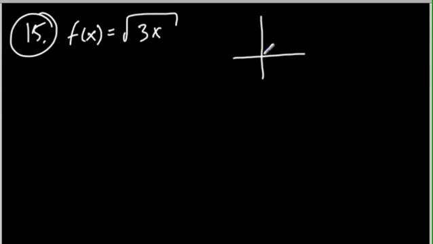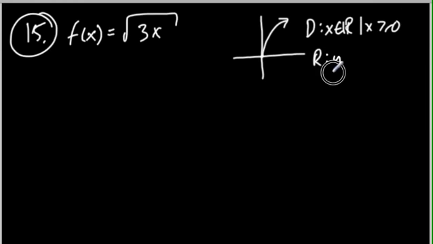It will still look like this, and that point is still (0, 0). It just means that all the inputs are compressed by 1/3. The domain of this is x is greater than 0. The range of this is y is greater than 0. So no real change, except that you have to keep in mind that there's a horizontal stretch by 1/3.